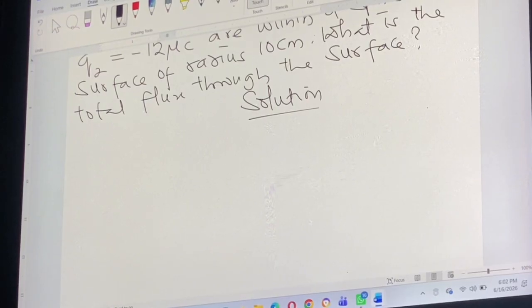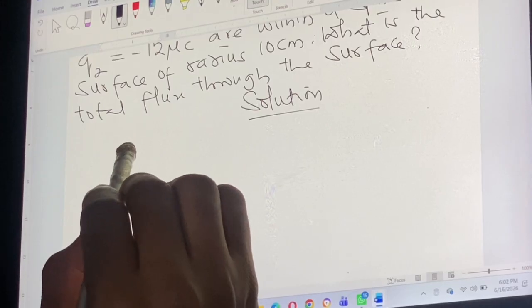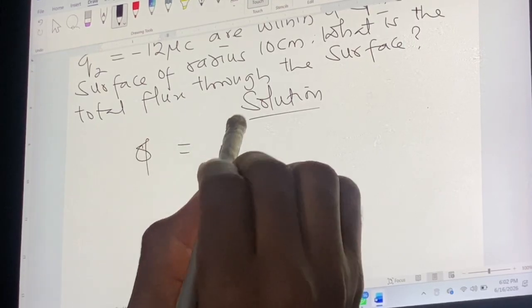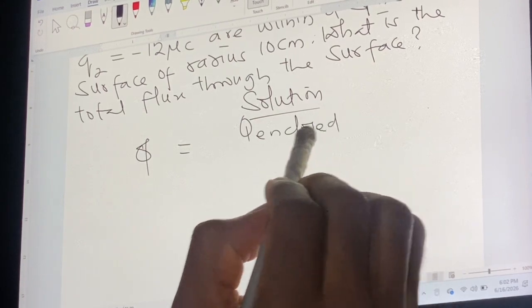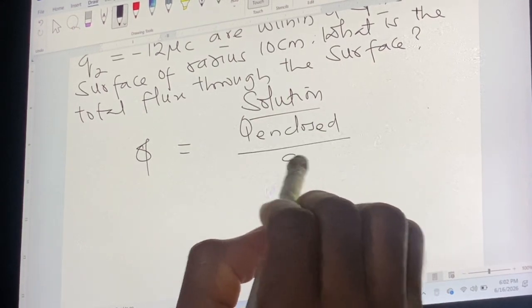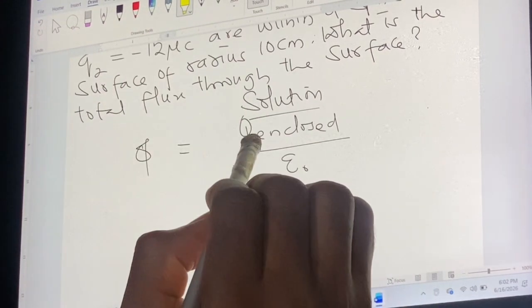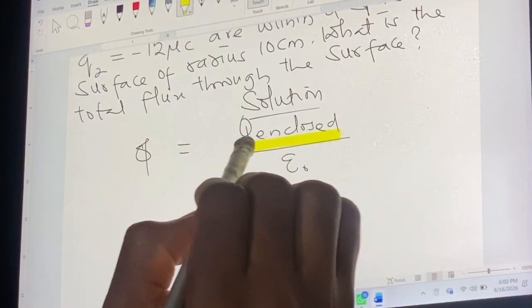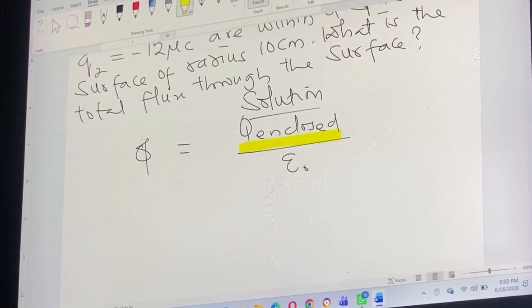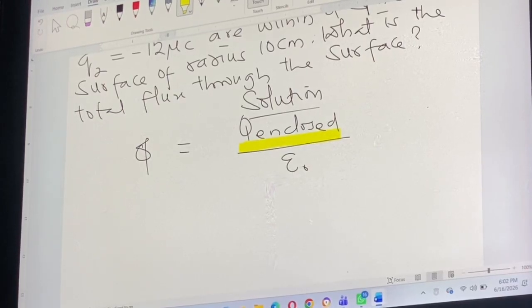Okay, so Gauss' law states that when charge is given to us here, phi is equal to q enclosed, please don't forget, over epsilon naught. And this q enclosed here can also be called net or total charge.